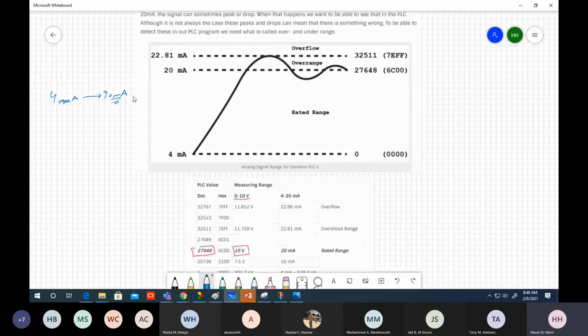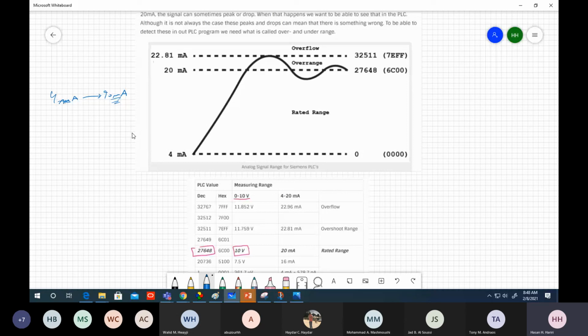Yes. So they save some bits for overcurrent, if you wish, and also some bits for less than 4 milliampere. So they don't assign 2 to the power 16, or 2 to the power 15 minus 1, to the 20 milliampere, as I said a while ago.